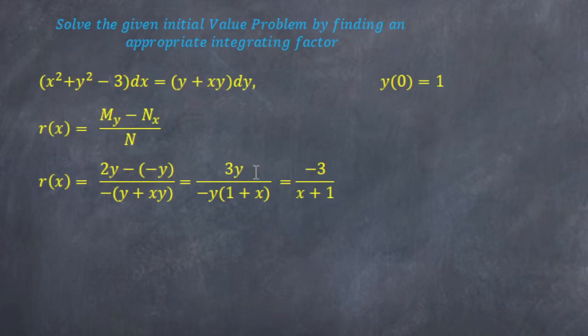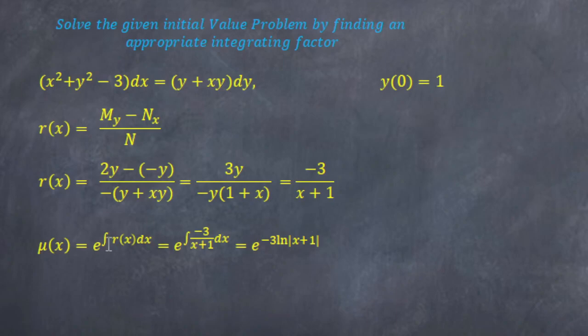2y minus negative y is just 3y, and our N is negative quantity y plus xy. Factoring out the y and canceling y over y, which is just 1, we're left with negative 3 over x plus 1 as our r of x. Let's plug that into our formula for the integrating factor mu of x. Integrating this, moving the negative 3 out of the integral since it's constant, and integrating 1 over x plus 1 dx, we have e to the negative 3 ln of x plus 1.